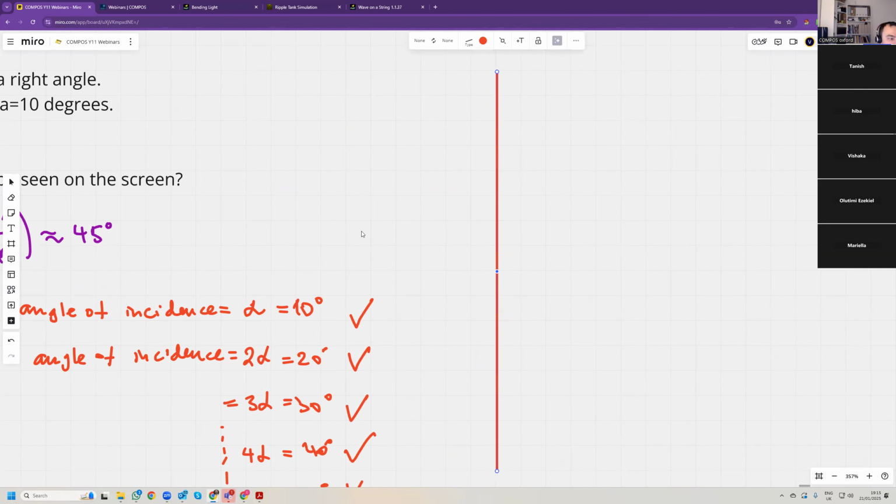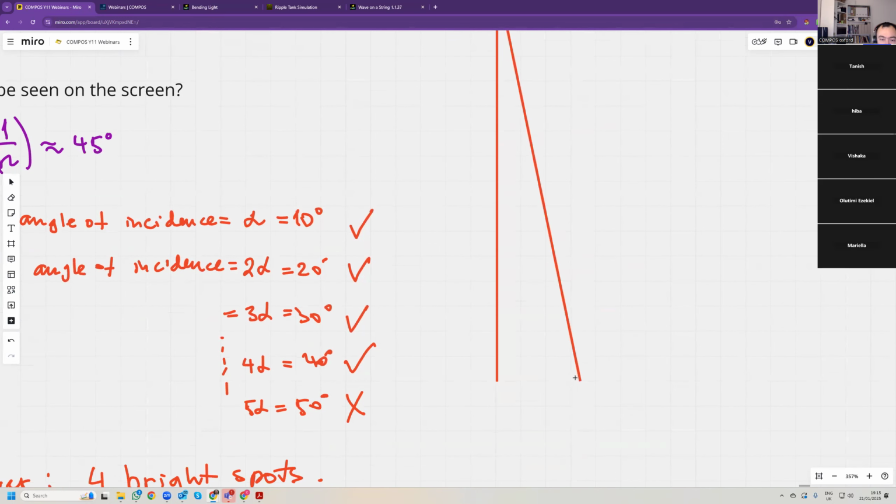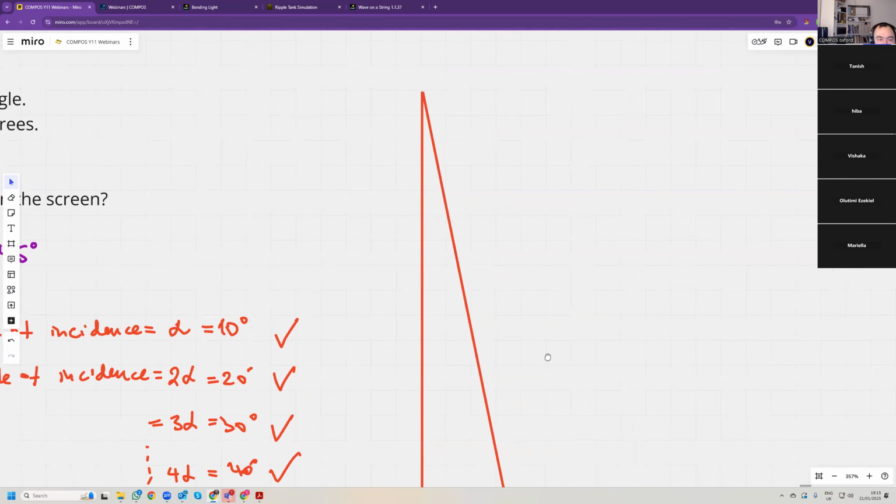So you have two lines. So you have a ray of light going through. Now it is reflected.